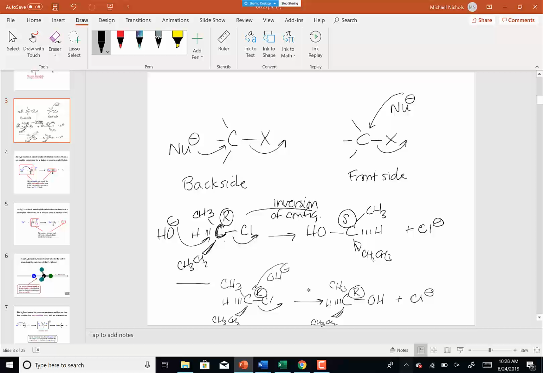R became S and S became R. So that led them to the conclusion then that this reaction must occur by backside attack and that there's no front side attack. So that's the first thing that we learned about this reaction.